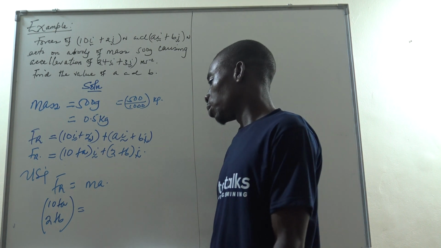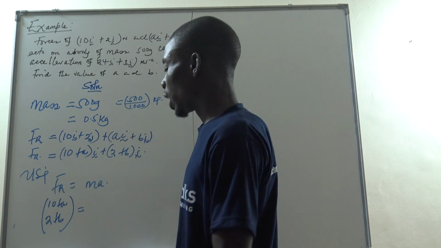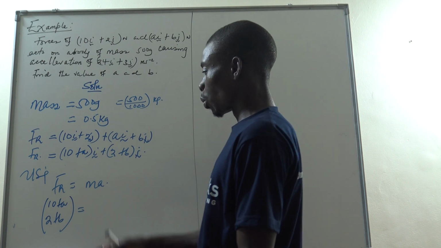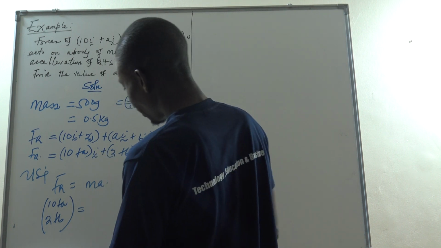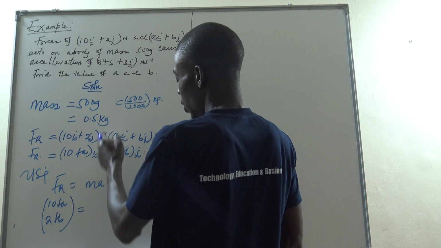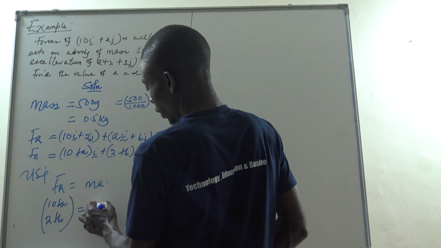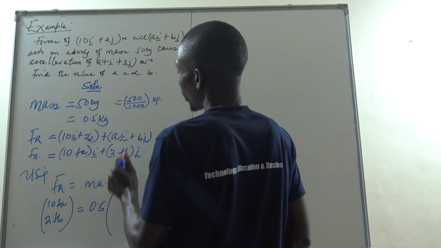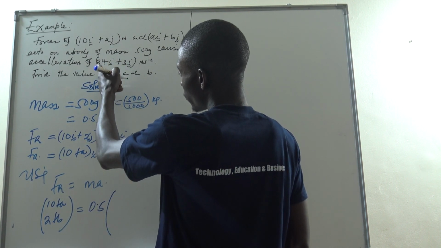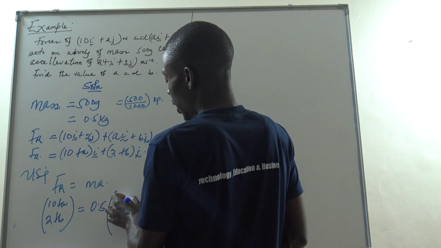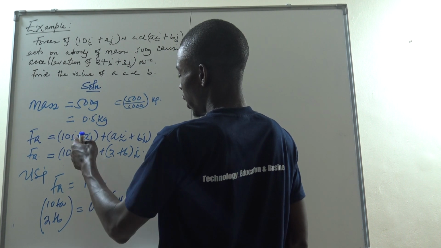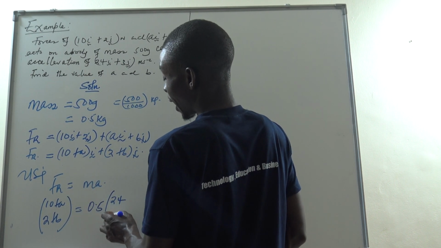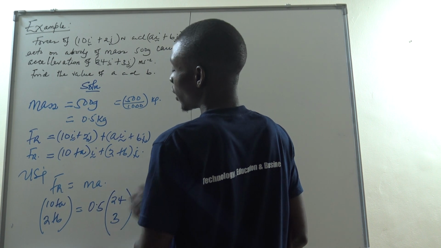Even if you don't put the i and j there, if you write it horizontally, we are supposed to put the i and the j. And then I can say this is 0.5 times my a, which is this value here, since I've decided to write it in columnar way. I can now write everything like that.